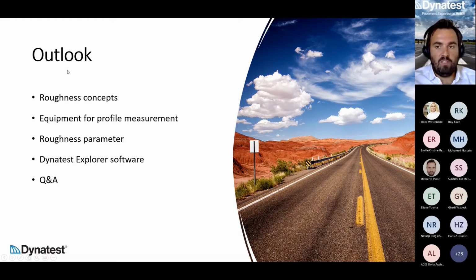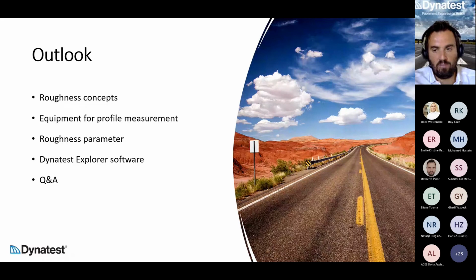An outline of the webinar. We talk about the roughness concept. Probably most of us are really well introduced to roughness survey, activity, or evaluation, but we start from a beginning point, and then we have a presentation of the equipment used for the profile measurement, and then we move on to the calculation of the roughness parameters.